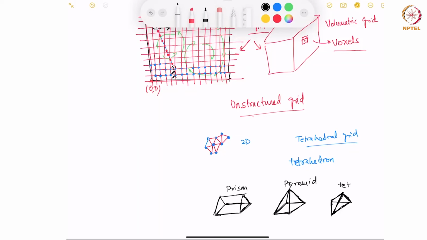Okay. So we use tets, and if you collect a lot of tetrahedron, tet is the short form of tetrahedron. Right? We use tetrahedra in 3D, a lot of tetrahedrons. The plural of tetrahedron is tetrahedra.